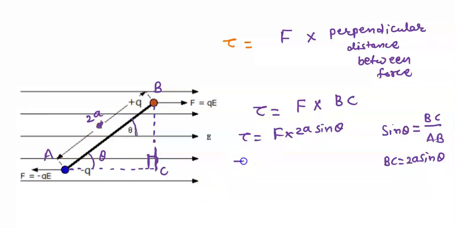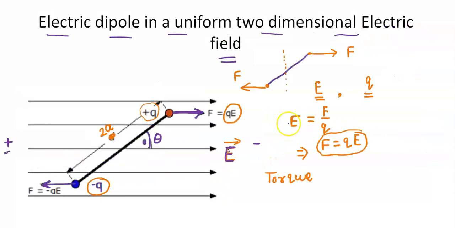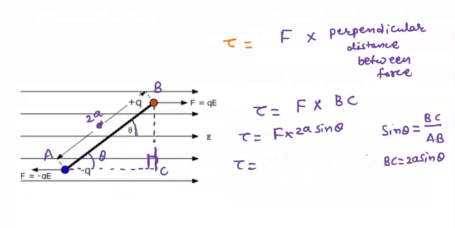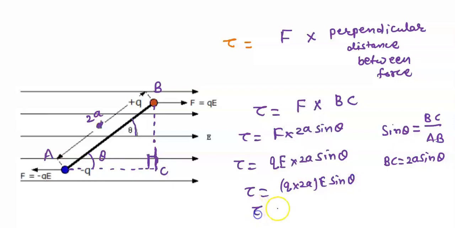In the very next step you can write F. What is F? F is q into E. So you can substitute this q into E here, and this will be q into E into 2a sine theta. Or you can write tau is equal to q into 2a into E sine theta, or tau is equal to P E sine theta.